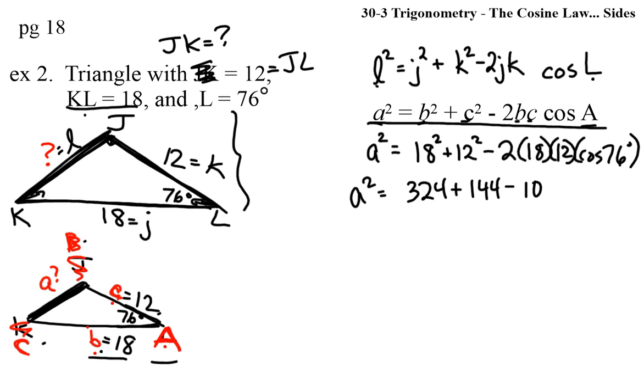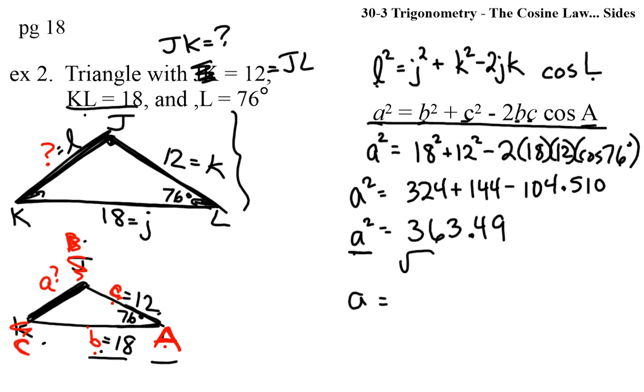And this whole thing is 104.510. So if I do all of that calculation, we end up with A squared equal to 363.49. And at that point, I don't want A squared, I want A, so I square root, and A works out to be 19.1.